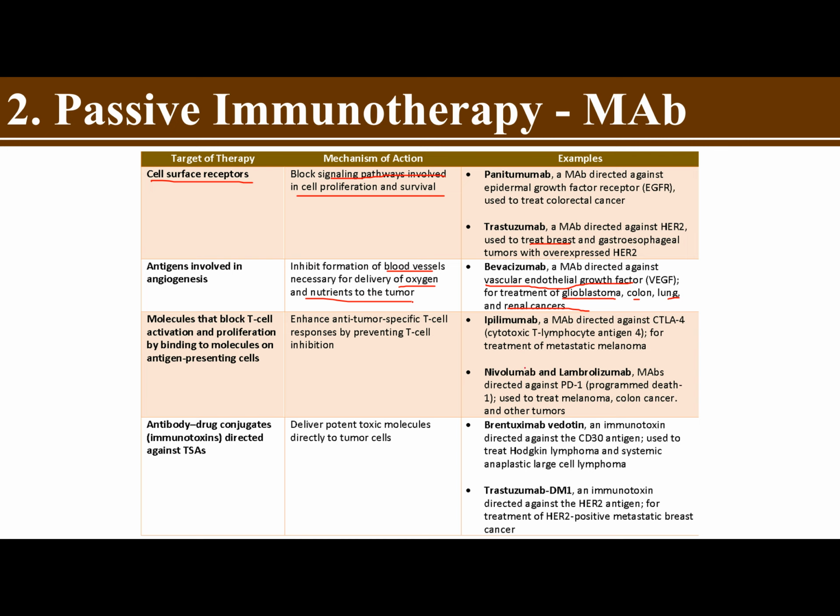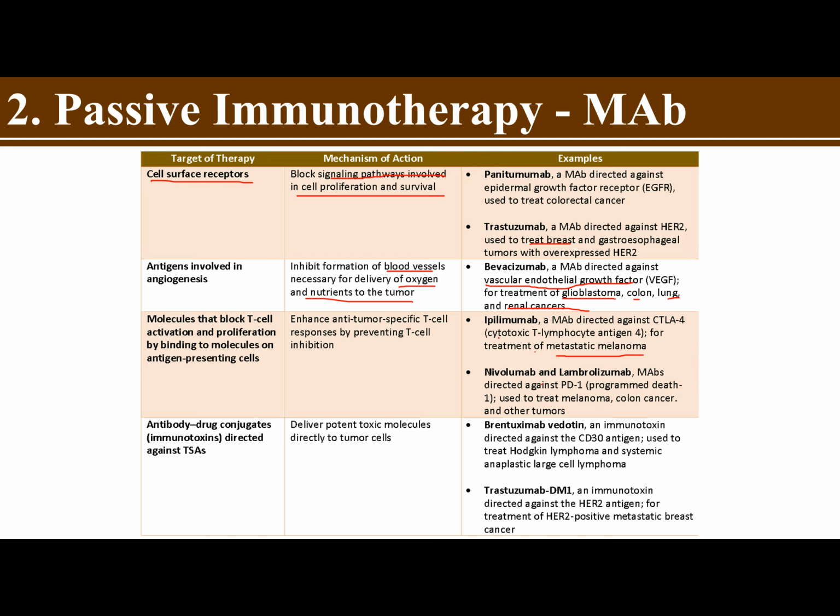Then we also have your ipilimumab. This is a monoclonal antibody directed against CTLA-4, or your cytotoxic T lymphocyte antigen 4, for treatment of metastatic melanoma. And we also have your nivolumab and lambrolizumab, monoclonal antibodies directed against the programmed death 1, used to treat melanoma, colon cancer, and other tumors.